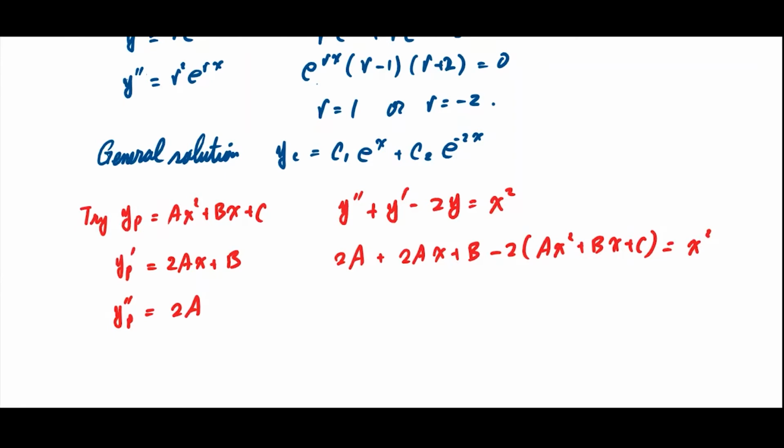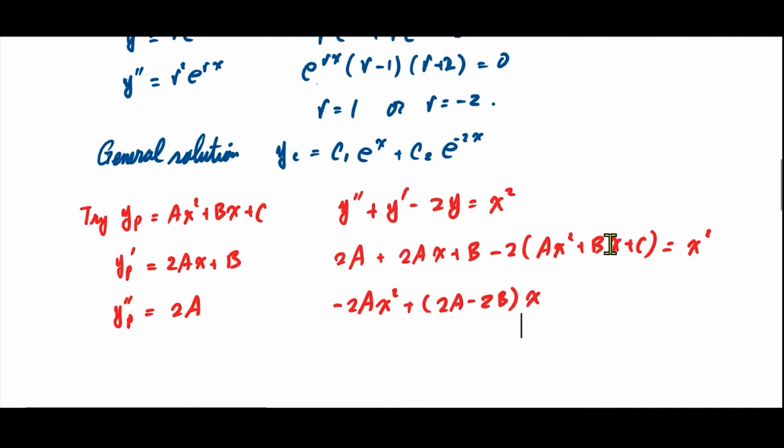So far, so good. Like terms. So we have negative 2a x squared as that x squared term. And the x term we will have here, 2a minus 2b x. Good.